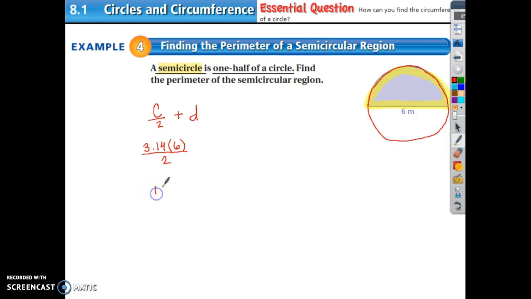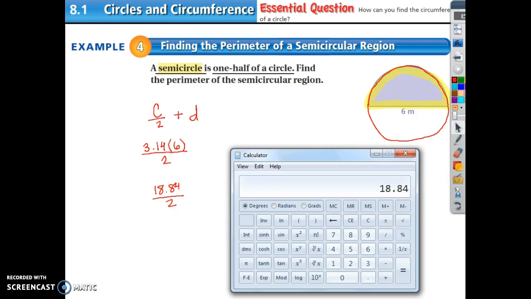So my numerator is 18.84, divided by 2 in the denominator. So now I'm going to take that 18.84 and divide by 2 to see that that semicircle has a perimeter of 9.42.